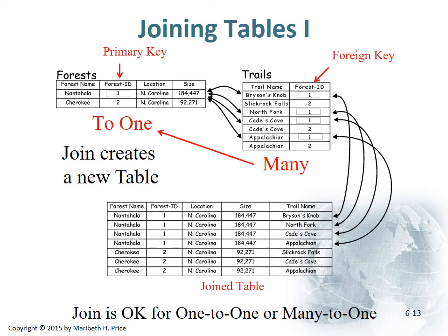And from the trails table, we have trail names and the forest ID. So the combined table shows us forest name, forest ID, the location, the size, and then the trails that are located within each forest. So we've joined the information together in GIS, and we can join lots of tables together in sequence to compile a large data table for whatever our original table was, related information related to that.